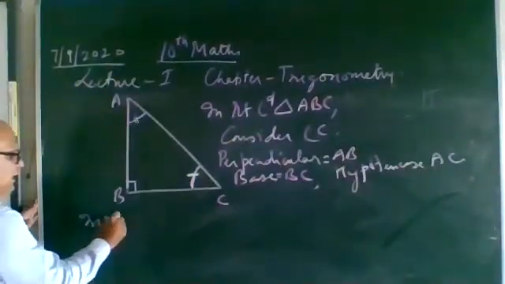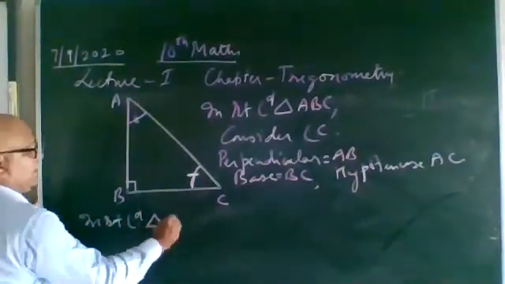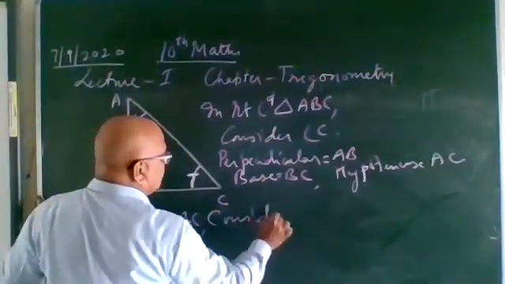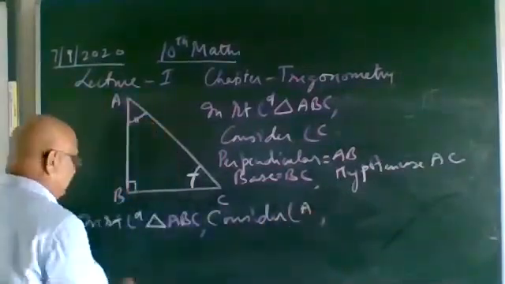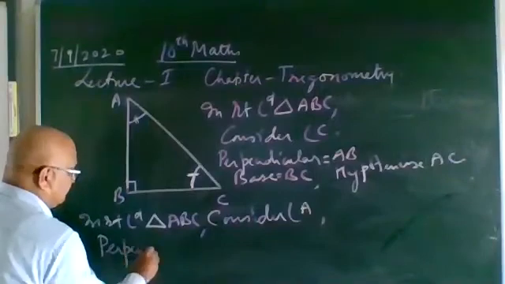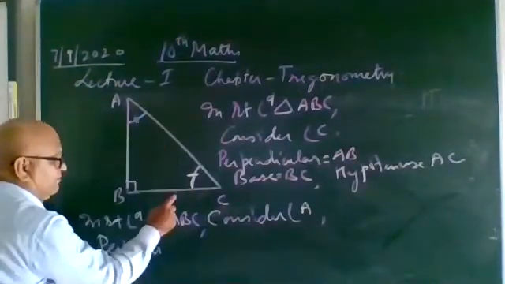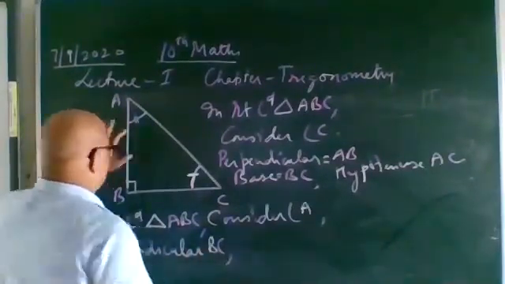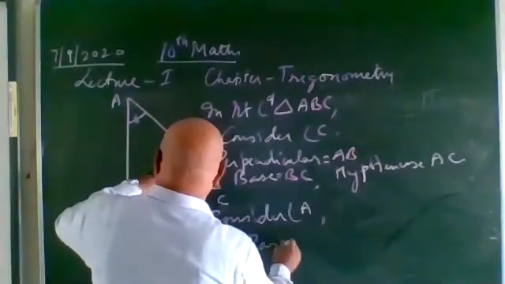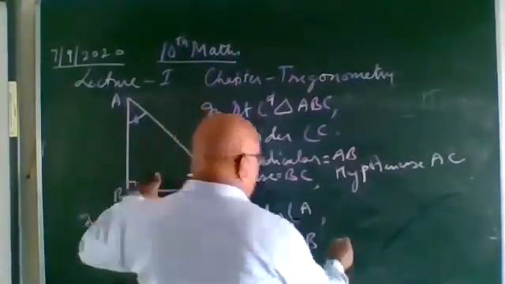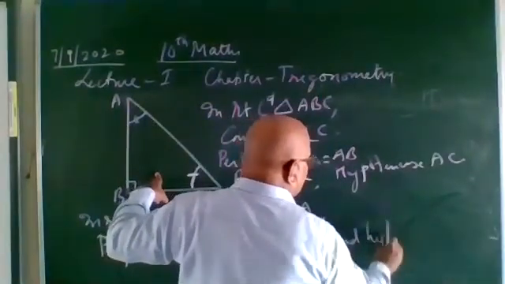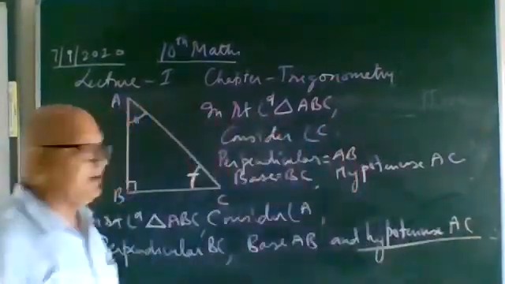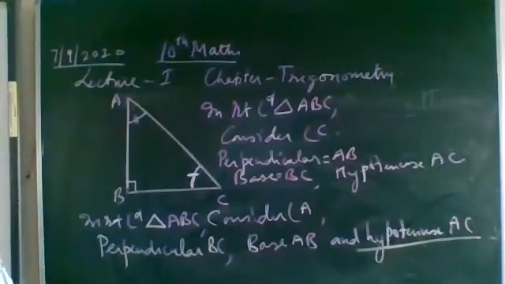Again, in right angle triangle ABC, consider angle A. The perpendicular will be BC, base AB and hypotenuse AC.